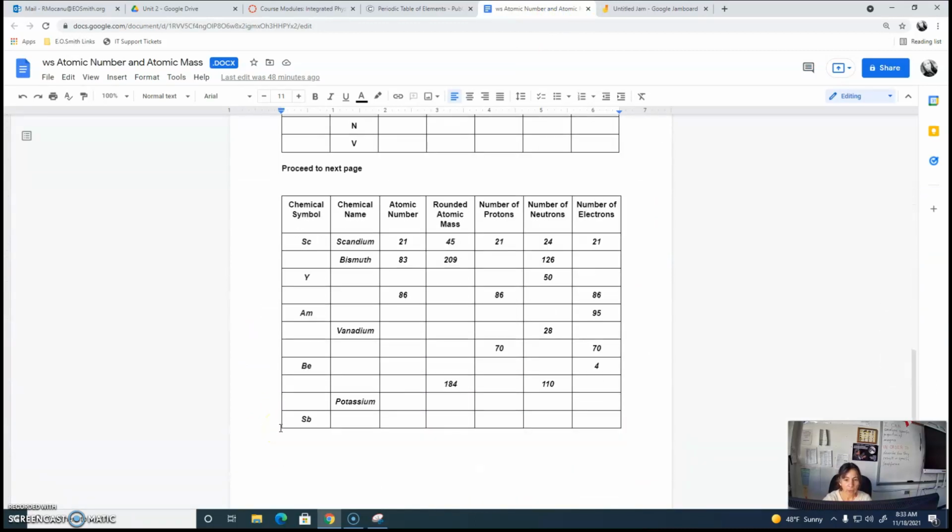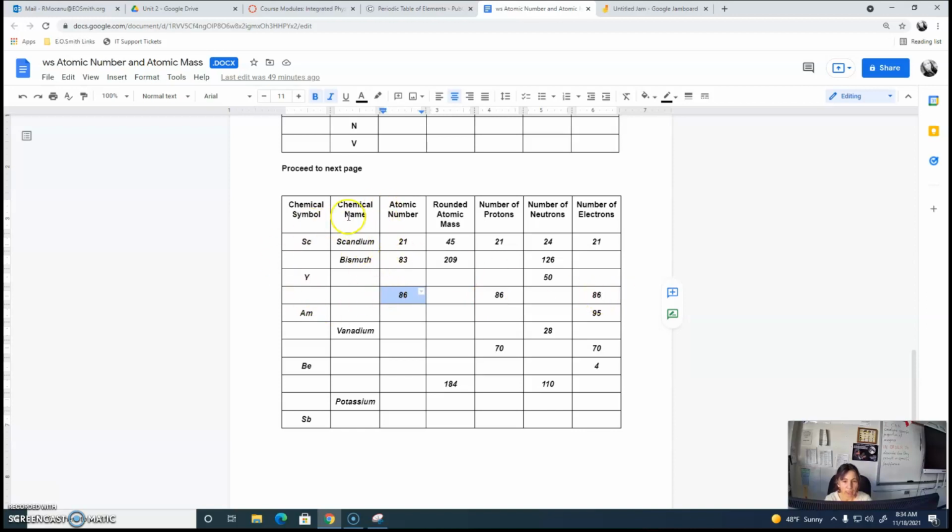Let's go down over here and see if there's anything. So this is basically the exact same thing, but given to you in a little bit of a different format. Let's talk, for instance, about this one here, which gives you the information a little bit backwards. It's giving us information about the atomic number, which we know must also be the same number of protons and the same number of electrons.